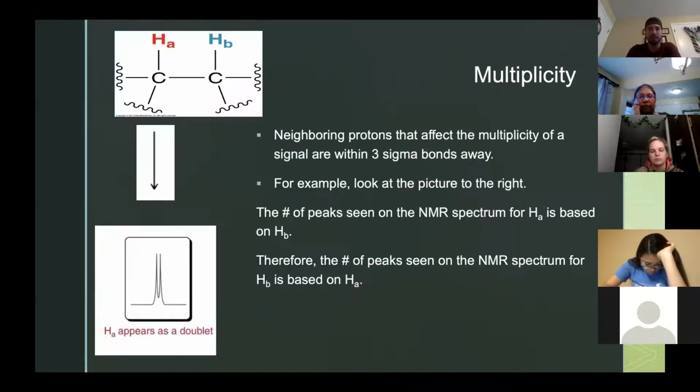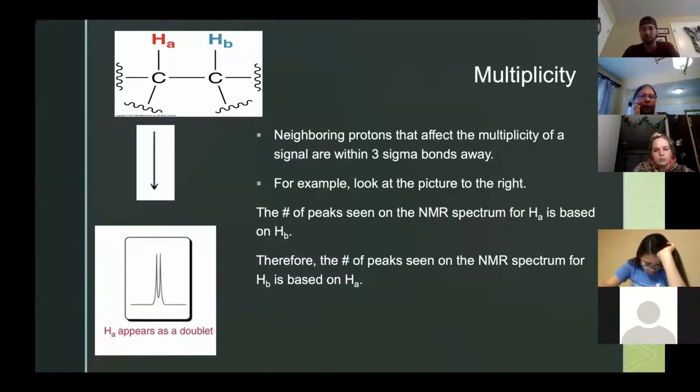And going back to this slide, if HA is affecting HB, HA and HB can only align with each other or against each other. So there's only two possibilities. Therefore, it appears as a doublet, because there's only two possibilities.